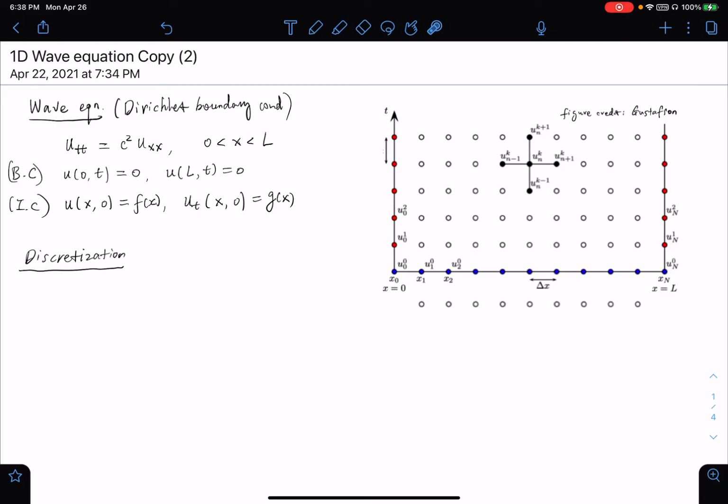We also have two initial conditions, since the highest derivative with respect to t is 2. There is theory that establishes the existence and uniqueness of a solution under reasonable conditions on f, g and these boundary conditions. But here we're not going to show or prove any theory regarding the existence of solutions of the PDE problem.